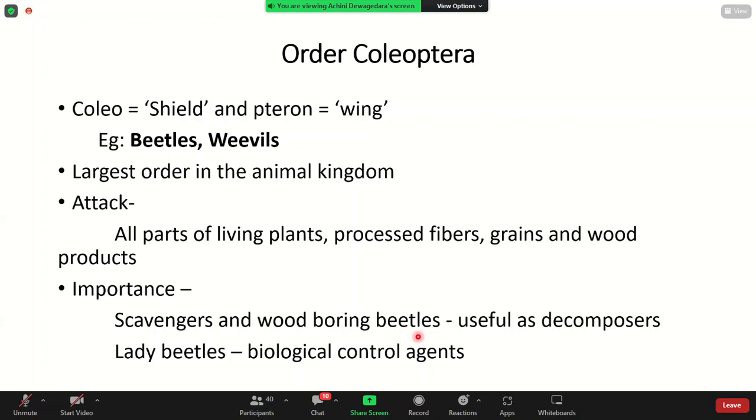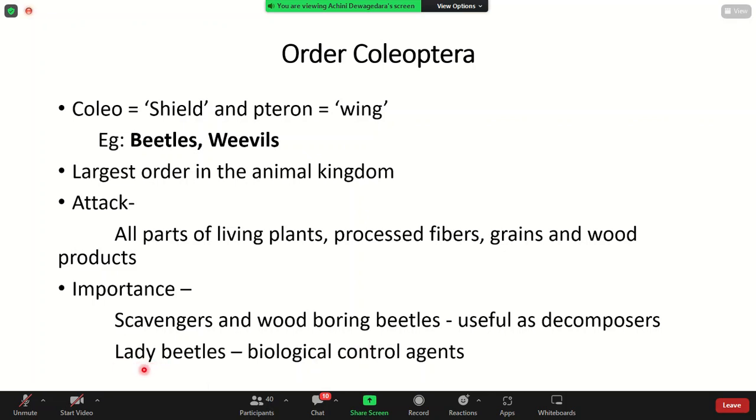The wooden furniture in our houses is also damaged by them. So one importance for us is that they act as decomposers. When trees fall down or get older, those are decomposed by these wood boring beetles.